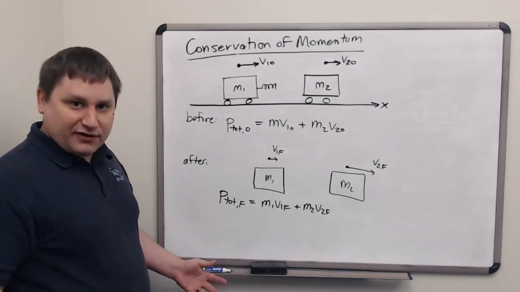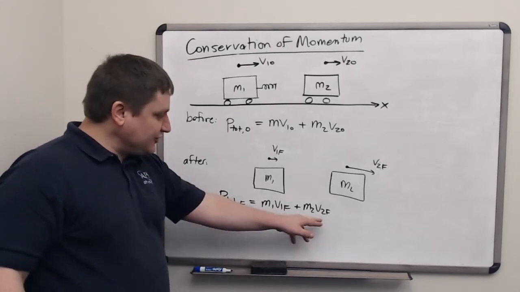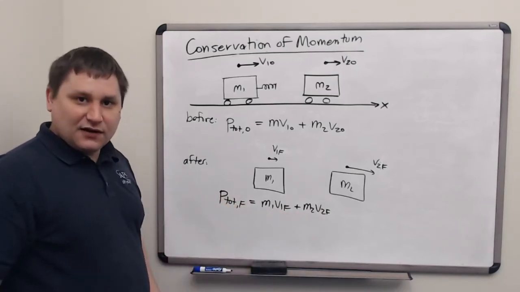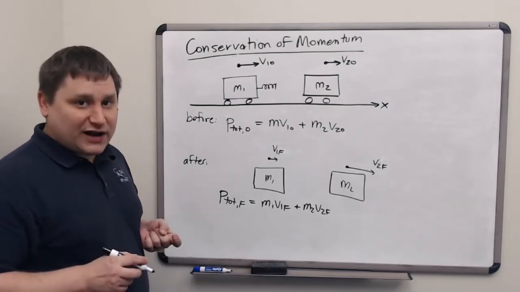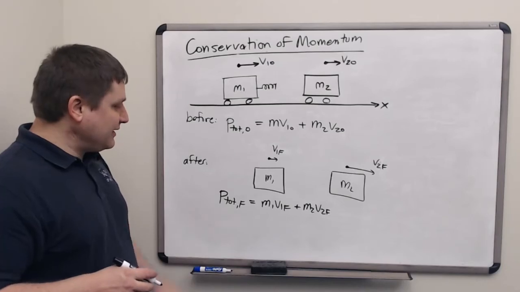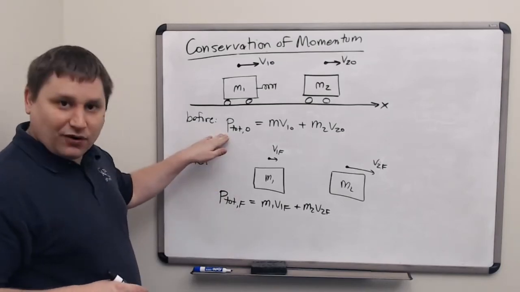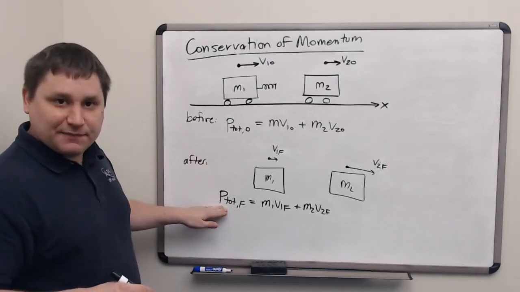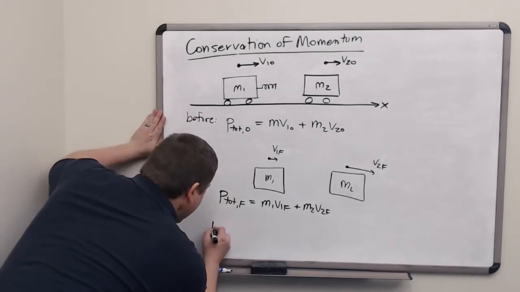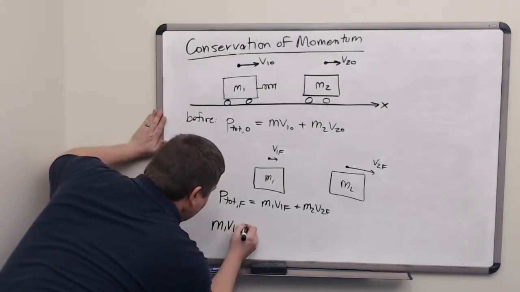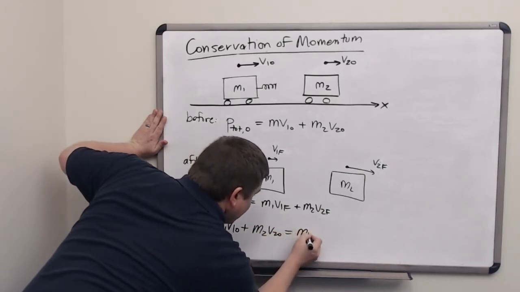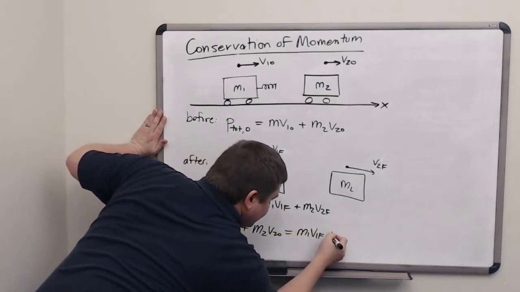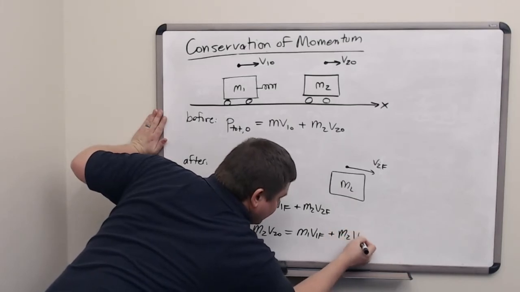And we can't really predict the exact values of these 2 final velocities without knowing the details of the force, but we do get at least one equation from conservation of momentum. That is, the total before and the total after must be the same. So m1 v10 plus m2 v20 equals m1 v1f plus m2 v2f.